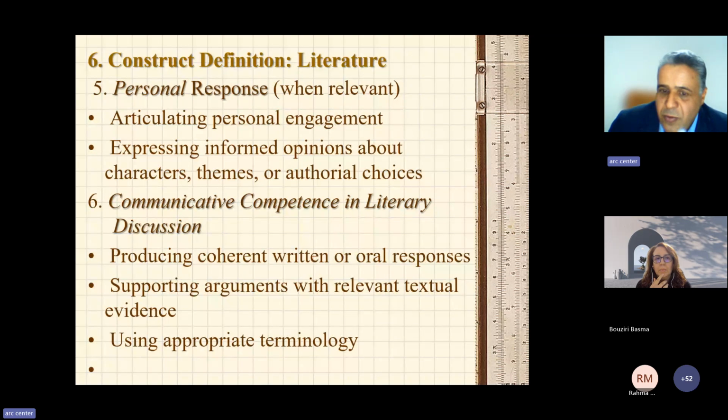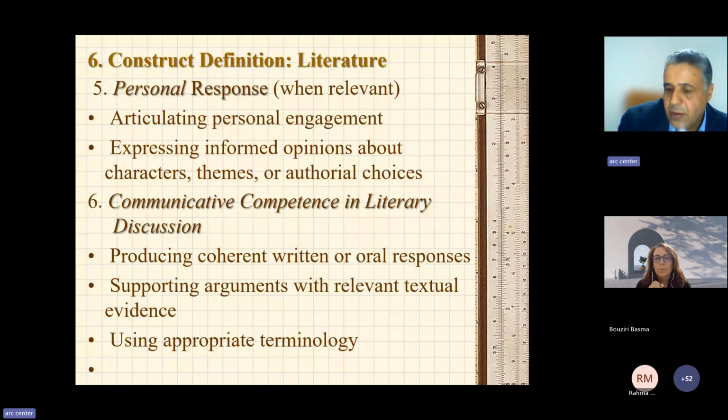And here we feel the importance of defining the construct. Are you talking about characterization? Are you asking them for a personal response? Are you measuring their communicative competence in the discussion, for example? The other thing is that teachers generally ask students to write essays, whether in cultural studies, in writing, or in literature, and the focus is usually on language.